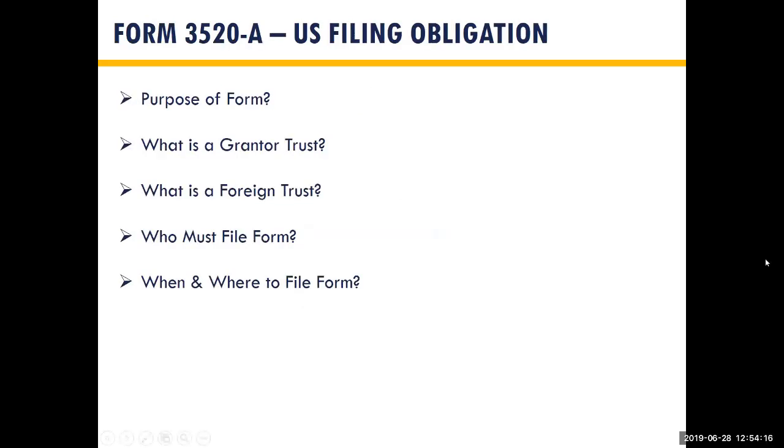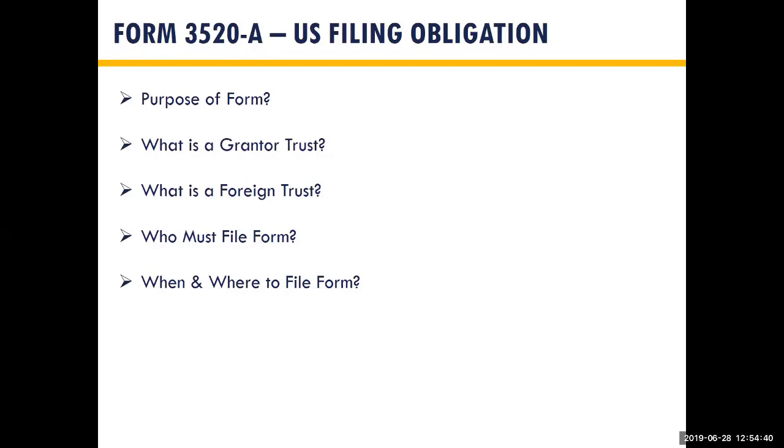The purpose of this form is it's an annual return for the foreign trust with at least one owner. This form provides information as to U.S. beneficiaries or U.S. owners, who must prepare and include on their U.S. return under U.S. grantor trust rules. So what is a grantor trust?